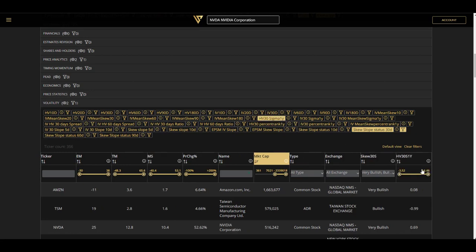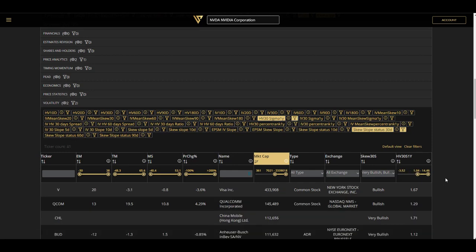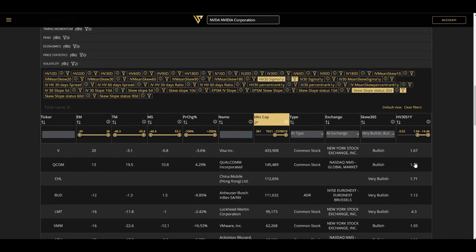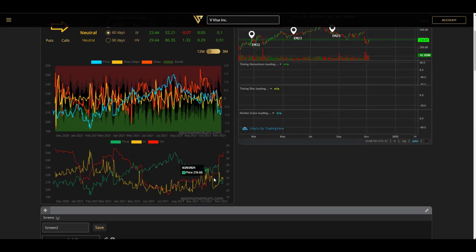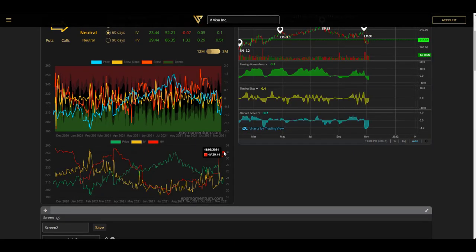So what is this? This is basically telling you whether the 1 year historical vol at that level is high or not right now, right? So is it one standard deviation high, meaning the stock is very volatile or not? So if I look at Visa, it is 1.67 historical vol, and look at that red line, 1.67.